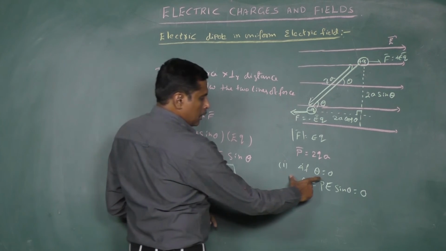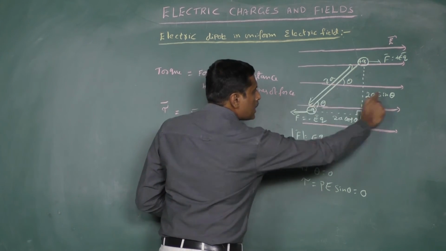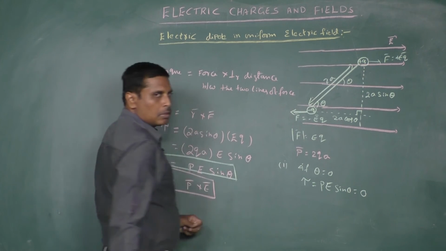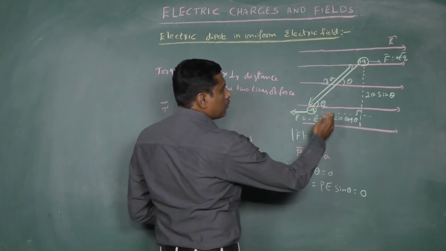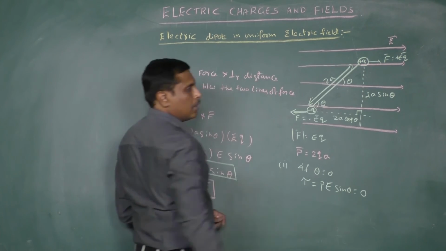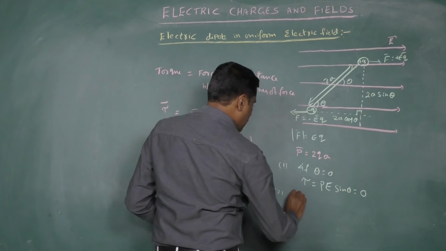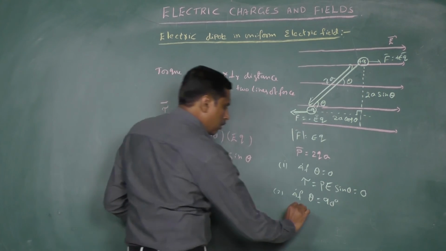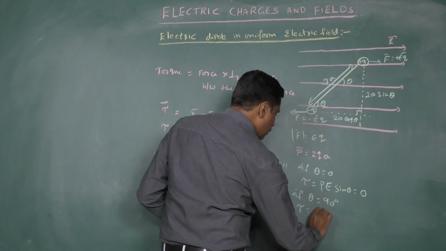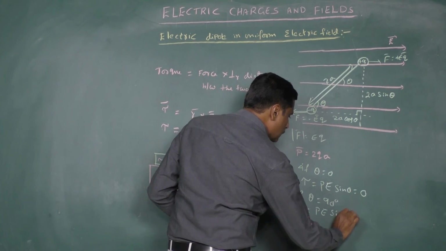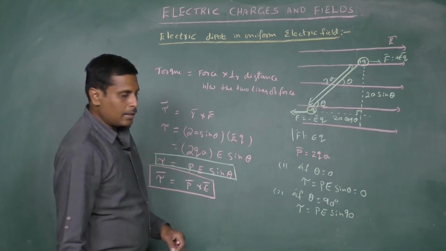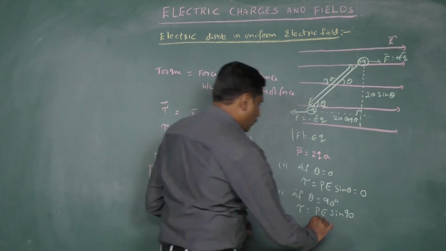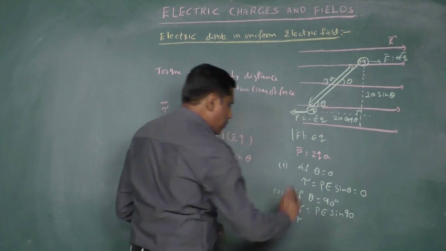So if the dipole is oriented in the direction of the electric field, the torque acting on the dipole is equal to 0. If the dipole is oriented perpendicular to the electric field, that is, theta is equal to 90 degrees, torque tau is equal to PE into sin 90. Sin 90 is 1, the maximum value of sin. Therefore, the dipole will experience maximum torque.